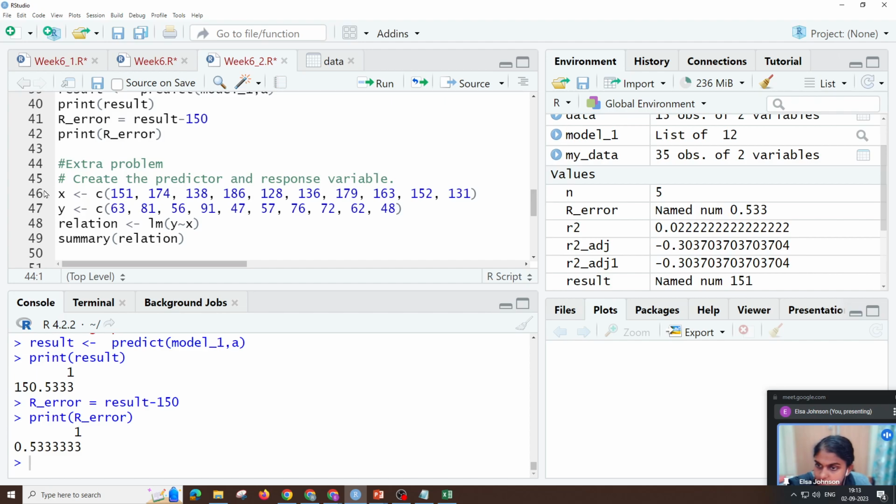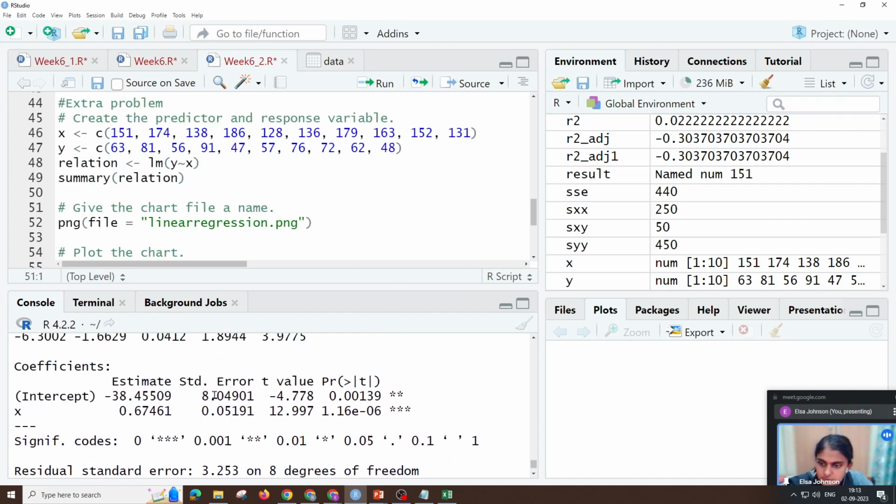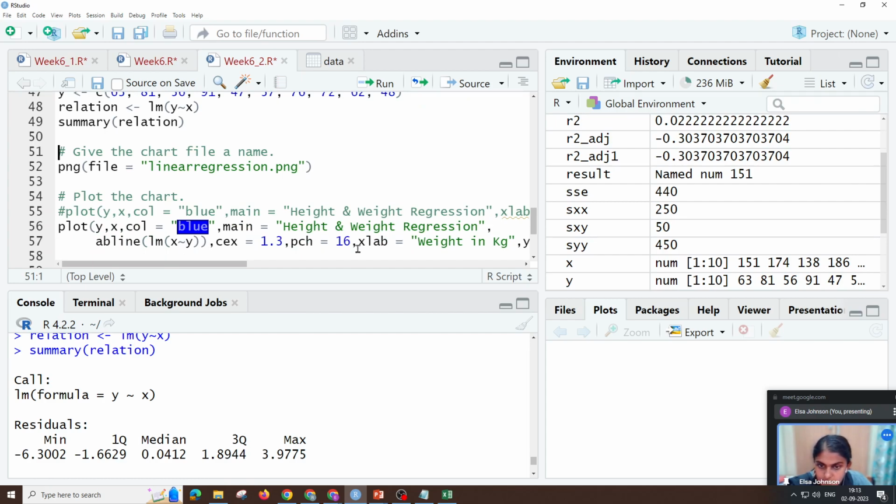If it's given like that, then it means the x value is the independent variable and the y value is the dependent variable. Now, the summary of this particular relation will give you all the details, and plotting we have already seen.